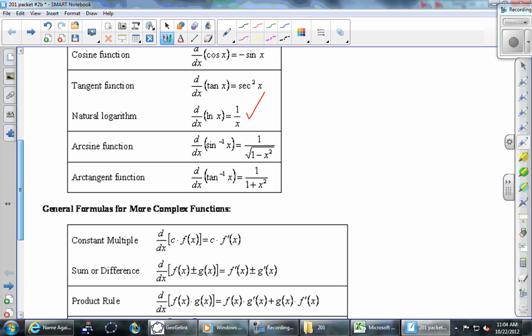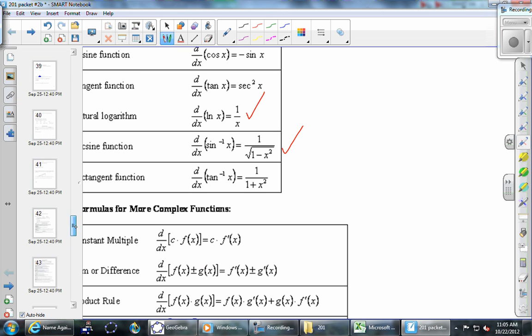First thing today, derivative of ln of x is 1 over x, and then the one that we just said there, 1 over root 1 minus x squared. So you'll have it. This is not a test of who can memorize the most erudite formulas that you'll never use. I'll give you the formulas, but I want to see that you can use them. So let's come back to where we were.